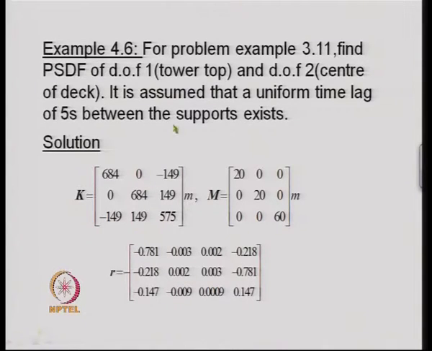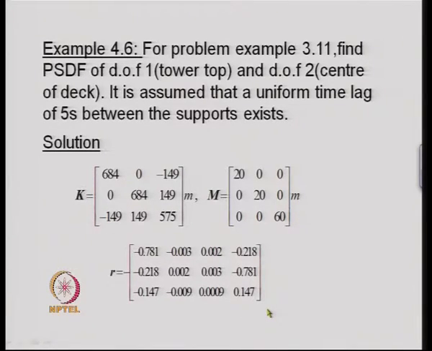So, for this problem the K matrix is a 3 by 3 matrix, corresponding to the 2 displacements at the tower top and a vertical displacement at the center of the deck, and this is the mass matrix corresponding to these degrees of freedom. This is the R matrix, that is the coefficient matrix, that is the displacements that occur at the non-support degrees of freedom due to unit displacement at the supports, at the 4 supports.